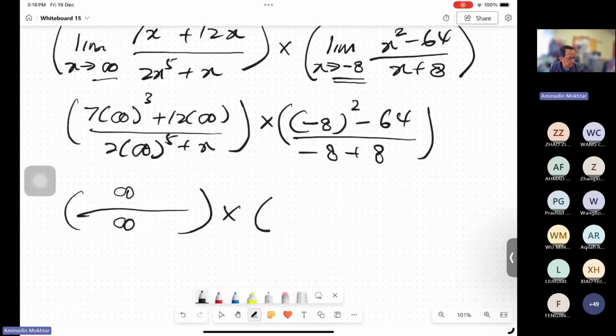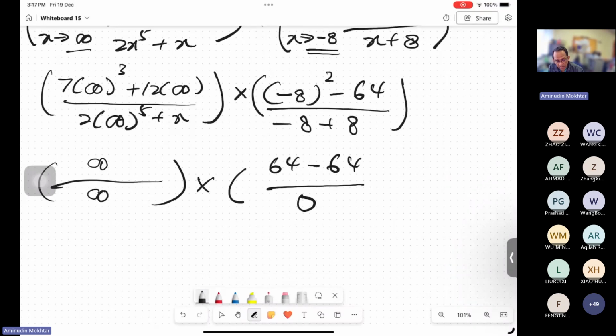Then for the second function, we have negative 8 squared, that is 64. Negative 8 times negative 8 is positive 64, minus 64, divided by negative 8 plus 8, which is 0.